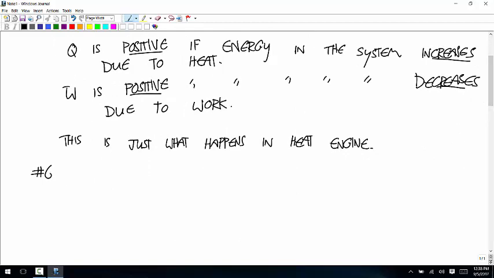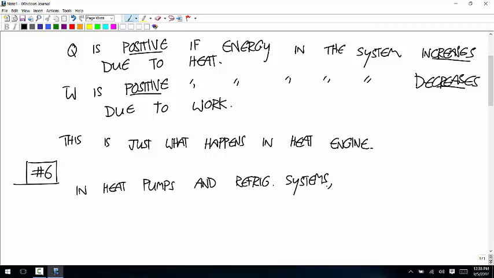Okay, so number 6. In heat pumps and refrigeration systems, a gas is compressed to raise its temperature. Remember, if a gas is insulated, so it can't exchange energy through heat with its surroundings, and you compress it, the temperature of the gas is going to go up.